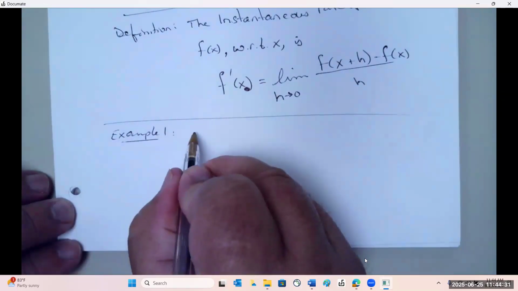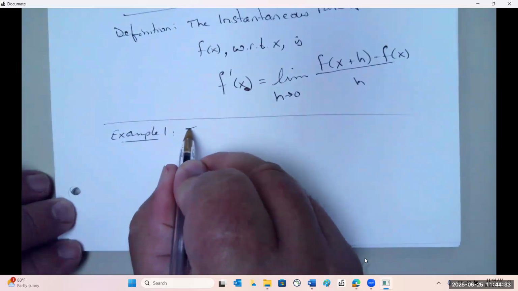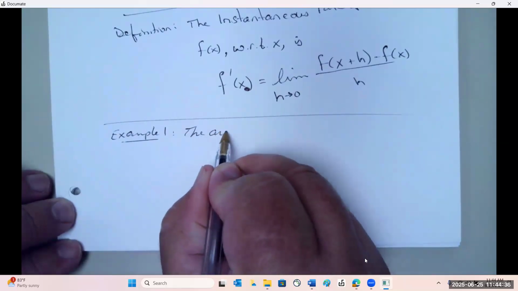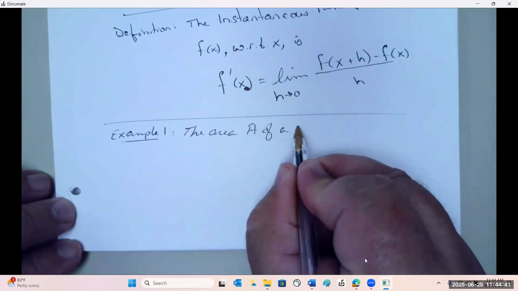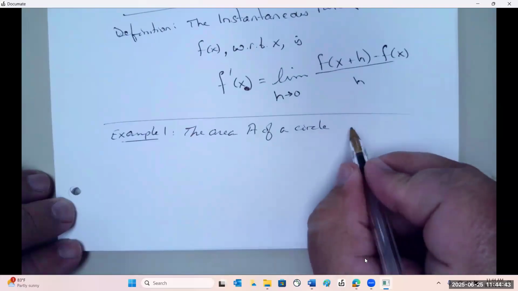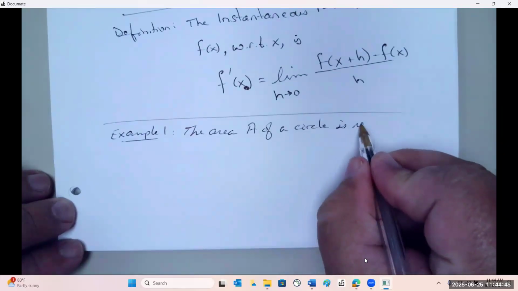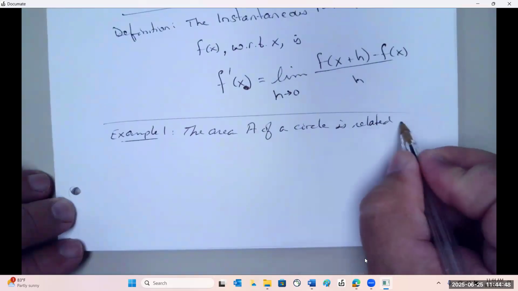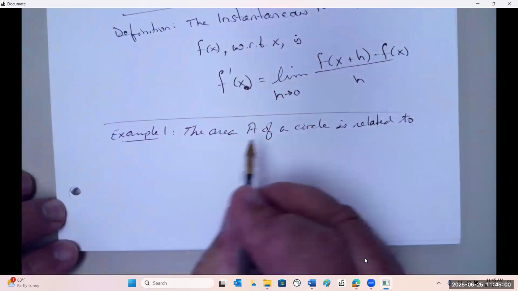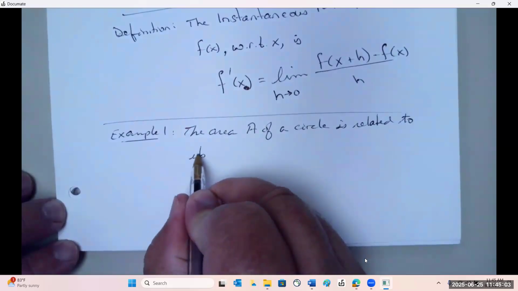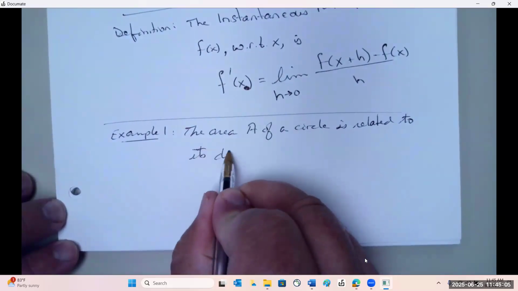Example 1. The area A of a circle is related to what? What is the area of a circle related to? What is the moving variable? Diameter.